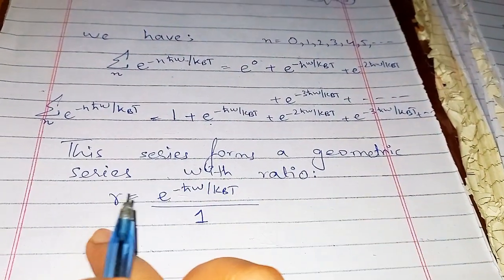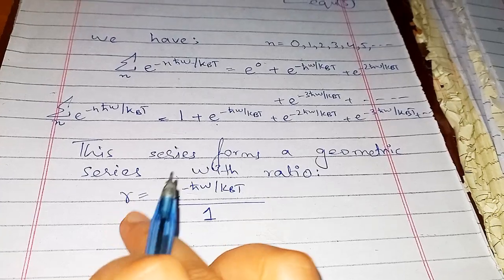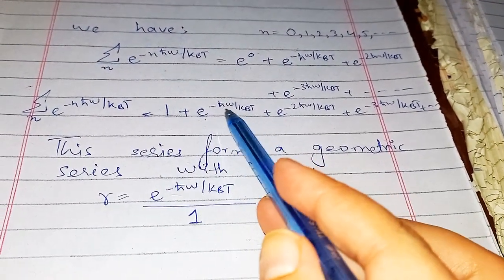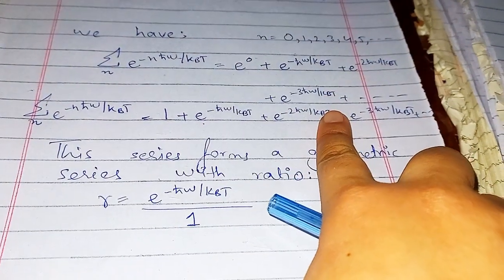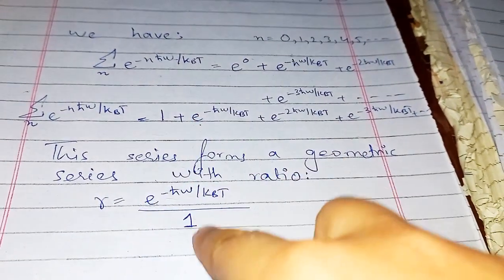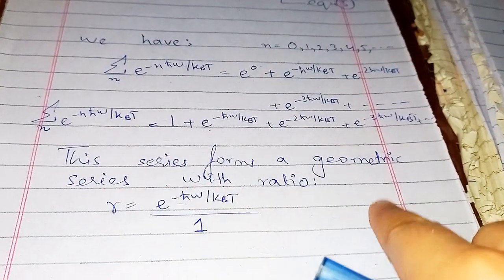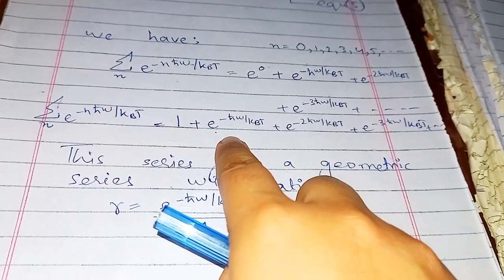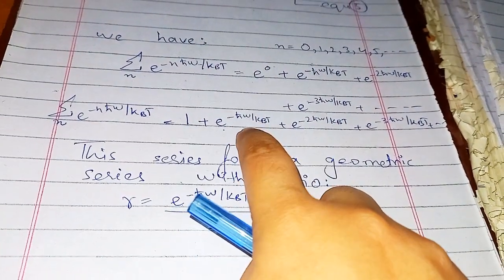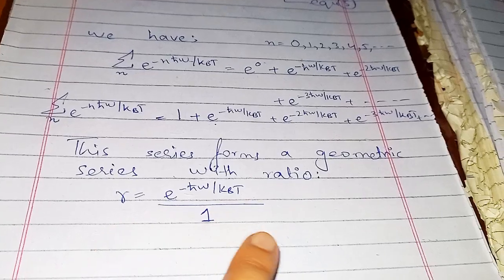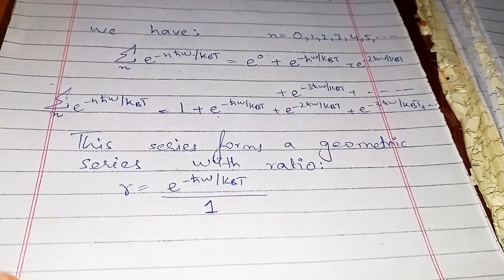Whenever you are finding the ratio, you have to take the next term as the numerator and the previous term in the denominator. You cannot reverse the order. For example, you cannot do a1 divided by a2. No, you have to do a2 divided by a1 to find that ratio, because that is how we have formulated the formula for its summation.